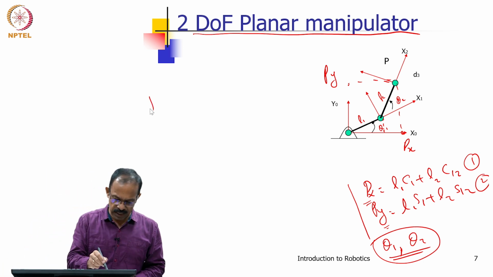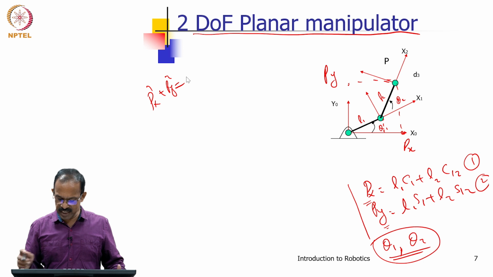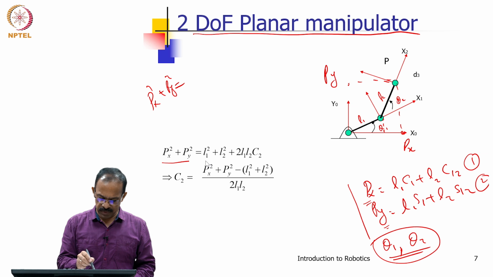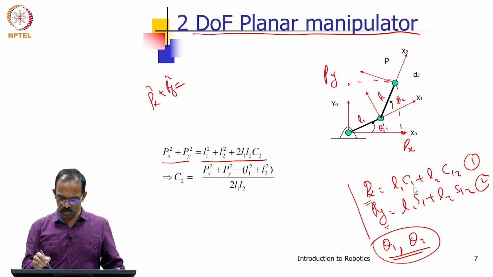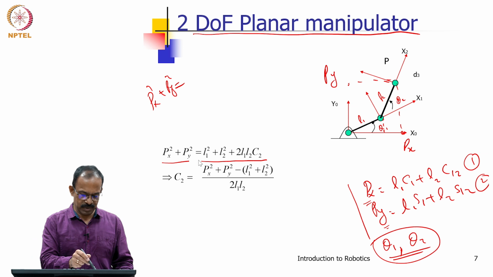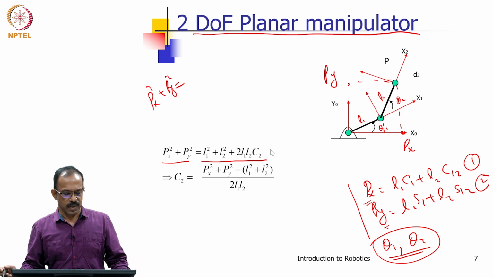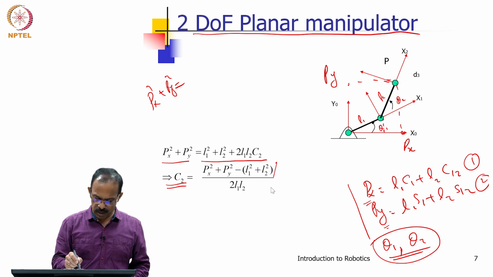If I write px squared plus py squared, then squaring and adding, I can write px squared plus py squared equal to L1 squared plus L2 squared plus 2 L1 L2 C2, because the L1 C1 squared and L1 S1 squared terms become L1 squared, and similarly you get L2 squared plus 2 L1 L2 C2. We can get C2 as (px squared plus py squared minus L1 squared minus L2 squared) by 2 L1 L2.